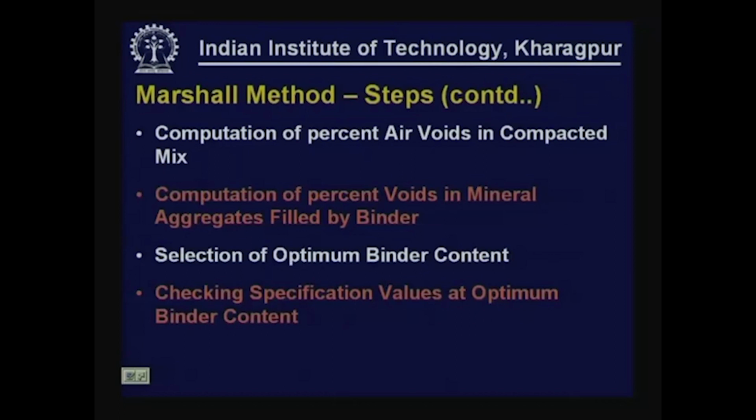Then we will check at this optimum binder content, what are the various parameters the mix will have in terms of strength, in terms of flow, in terms of various volumetric parameters. So, at optimum binder content, what are the properties this mix is going to have? Those properties have to satisfy the specification that are given for the given mix.